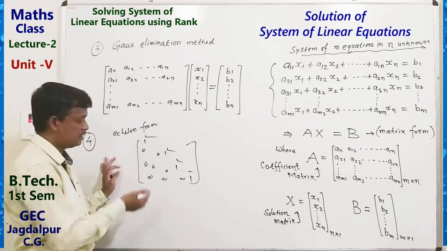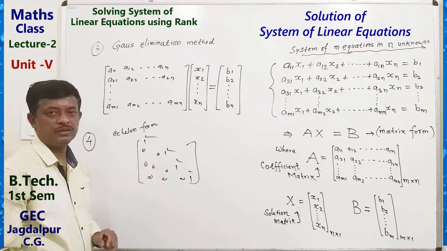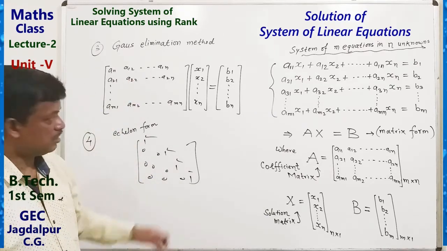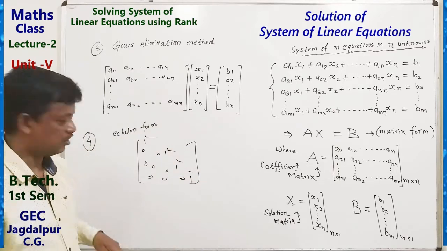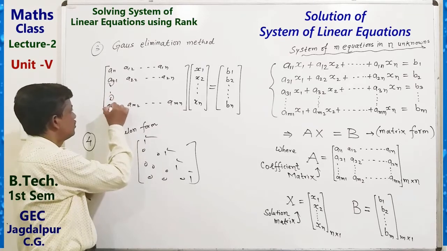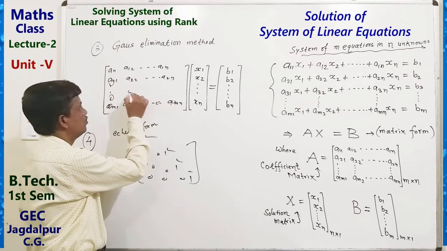So if by using row transformation we can convert this system in such a way that the coefficient matrix becomes echelon form, then we can find the solution by back substitution using the equivalent system. Mostly in this place there will be 0.